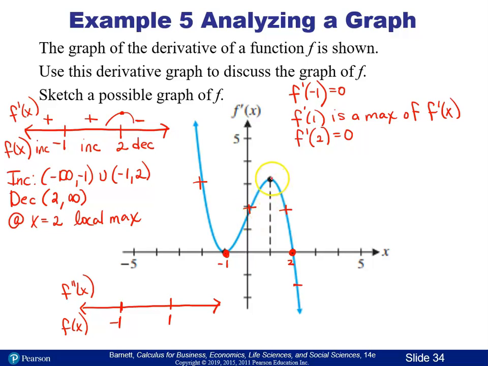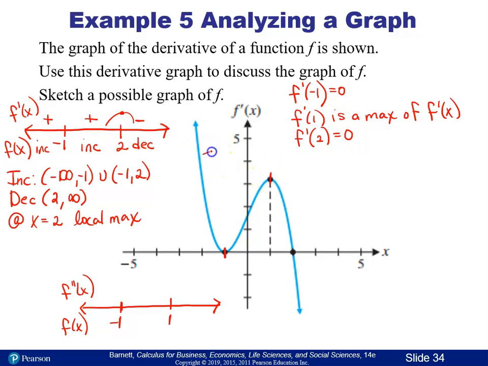For this one, we're not looking at whether the graph is above or below the x-axis, but instead whether the first derivative is increasing or decreasing. Okay, so we have our critical numbers here at -1 and here at +1.